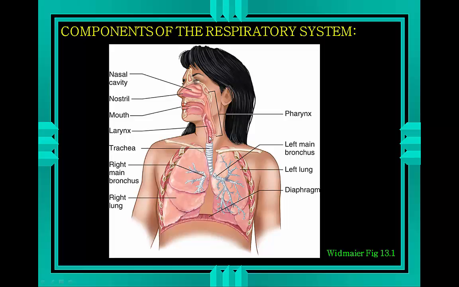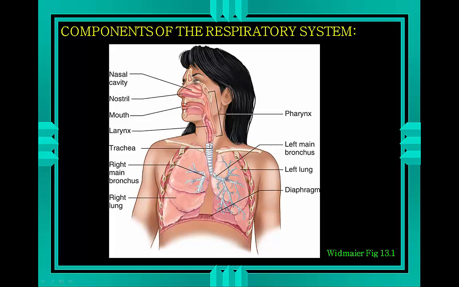Now from the larynx, the air that we inhale is then travelling to a tubular structure called the trachea, or the windpipe, but again better called the trachea. As I said, this tube-like structure is about 10 to 12 centimeters in length and has a diameter of about 2 centimeters.